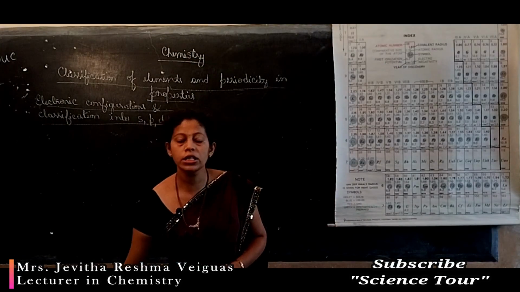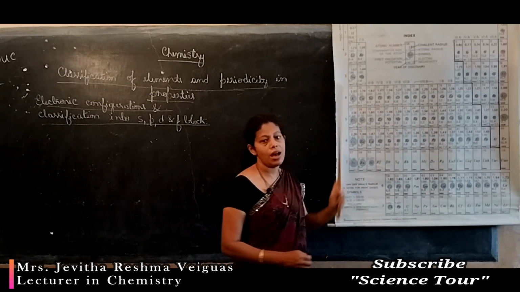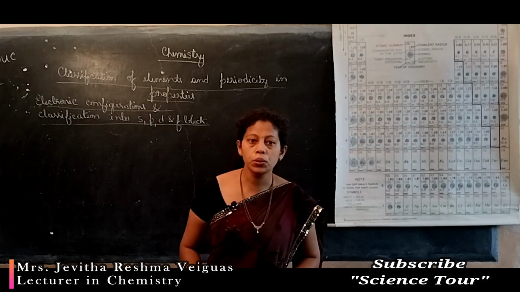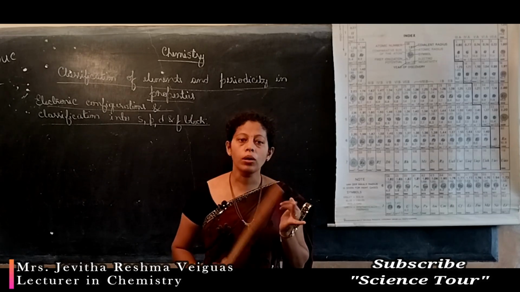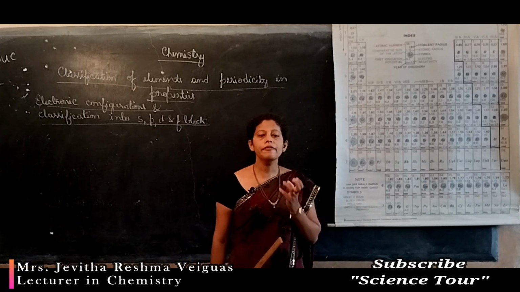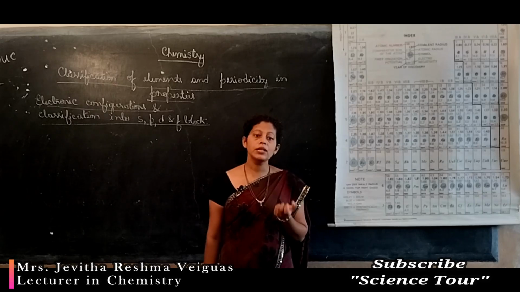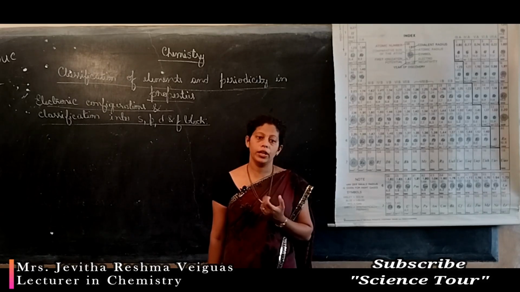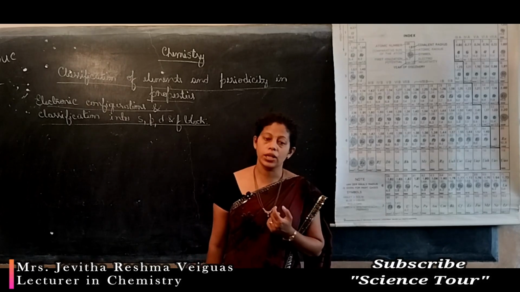In the whole periodic table, the elements whatever we have, all these elements are classified into 4 blocks. They are S block, P block, D block and F block elements. The classification is based on what? The classification is based on electronic configuration in the outer shell of these elements.